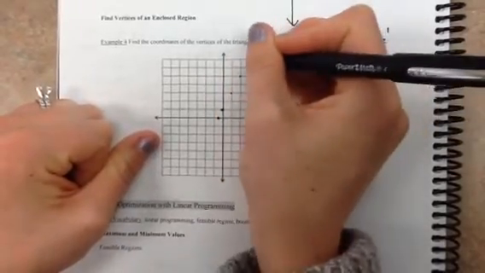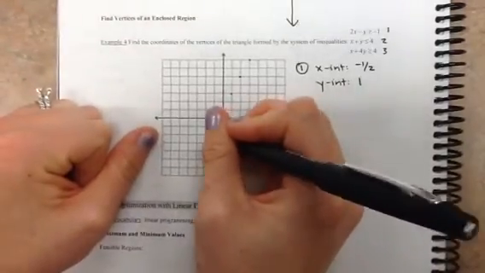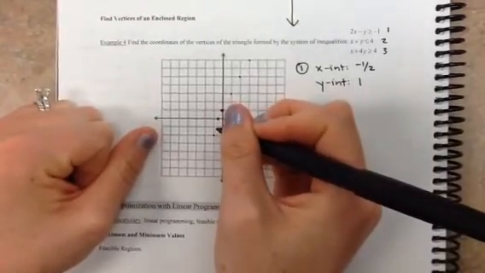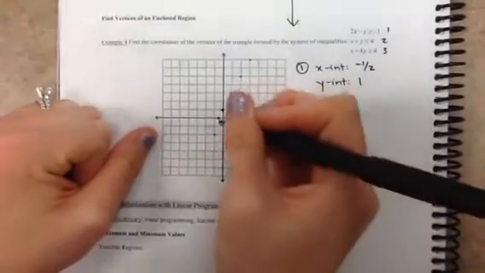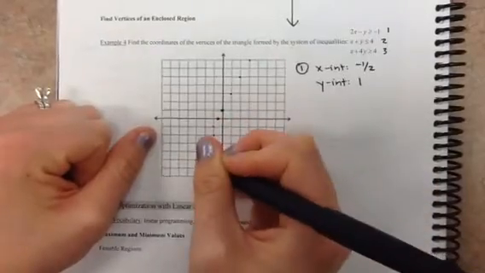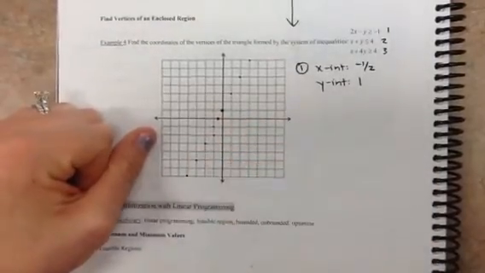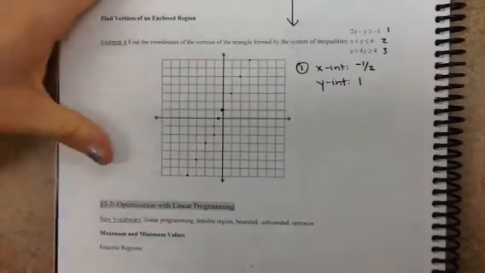It's super important that you're marking every single value that you can. You can also go down 2 and to the left 1, down 2 to the left 1. Again, super important, because when you're looking for the intersection points, you need to know exactly where they are.